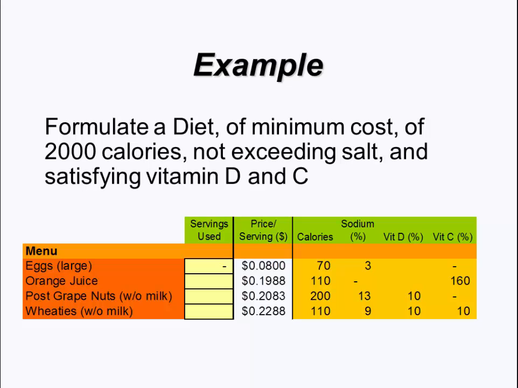What is the numeric value of the calorie limit? 2,000. Salt. What is the numeric value of the salt limit? 100%. Because I told you earlier, those are percentages of the daily requirement. So clearly the daily requirement is 100%, so that is how much of 100% each of those gives you for one serving. So our limits on these guys are all 100%.